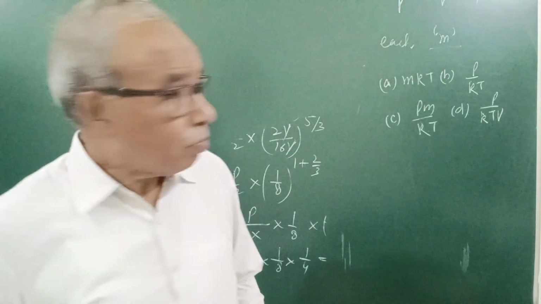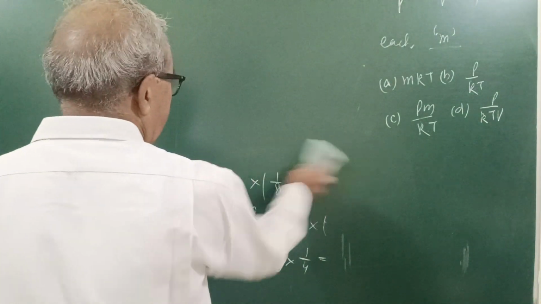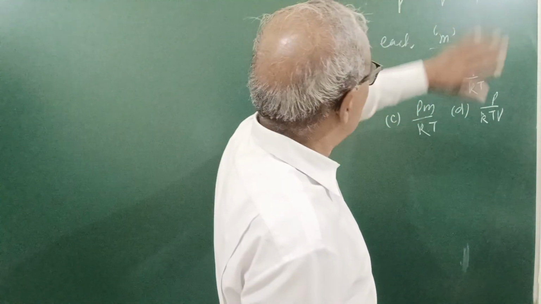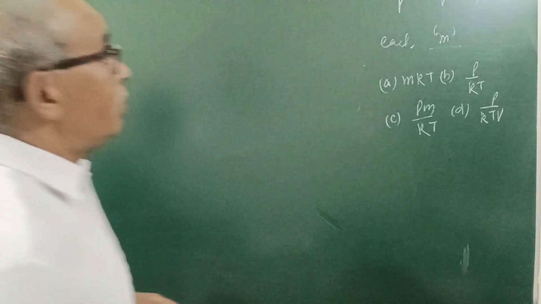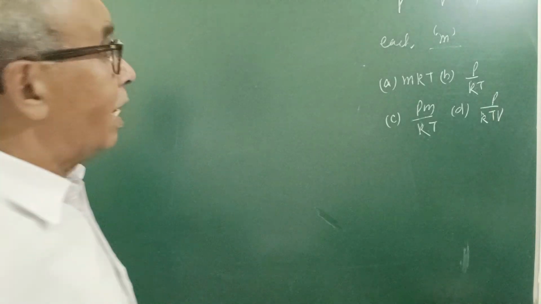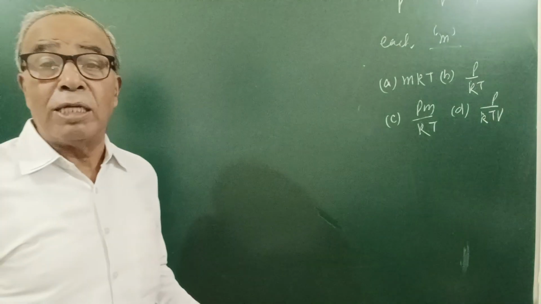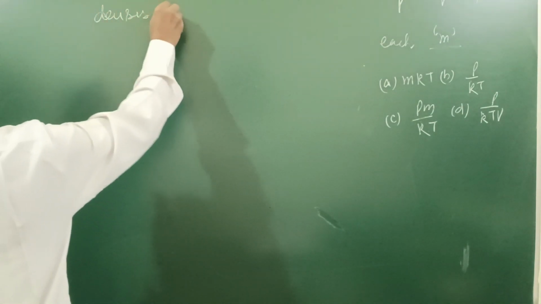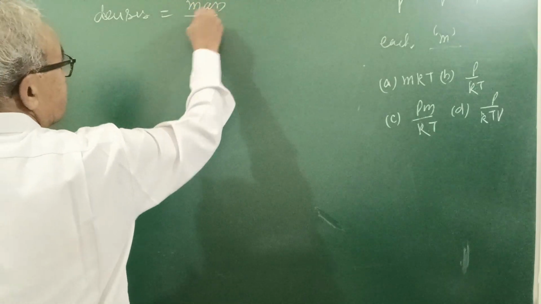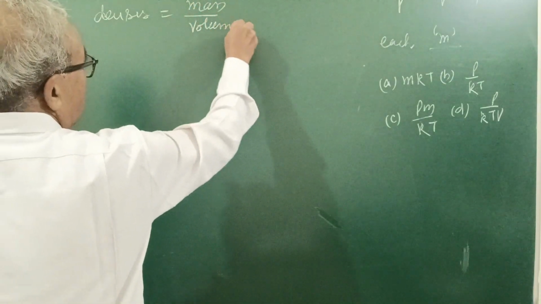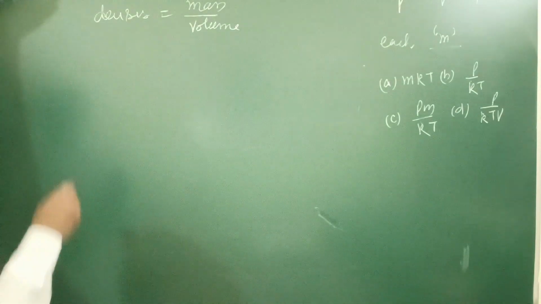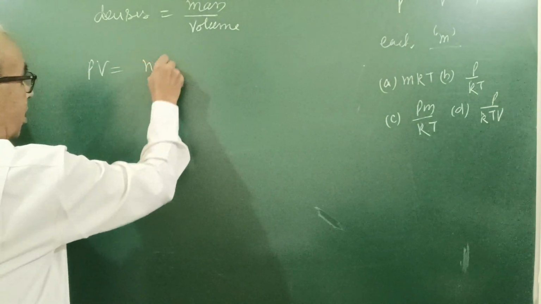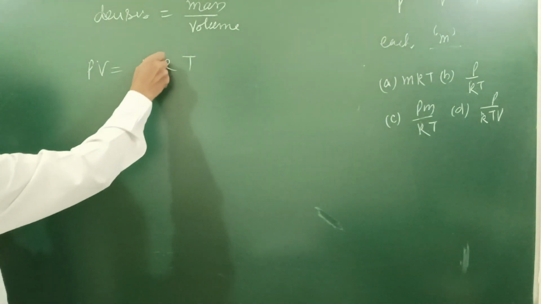Question is good. A given mass of gas is at pressure P, volume V, temperature T. Each molecule has mass m. You know density is equal to mass upon volume. From the ideal gas equation we know PV equals nRT.